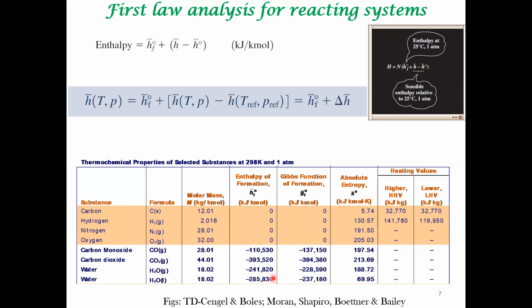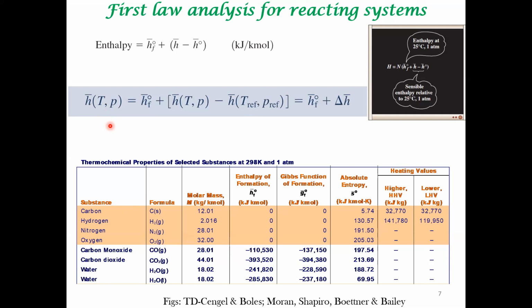So let's look at water. Water at 1 atmospheric pressure and 25 degrees centigrade will be in the liquid form. So this quantity for water is this quantity. Supposing you want the enthalpy of water at 2 atmospheric pressure and, let's say, 800 degrees centigrade.